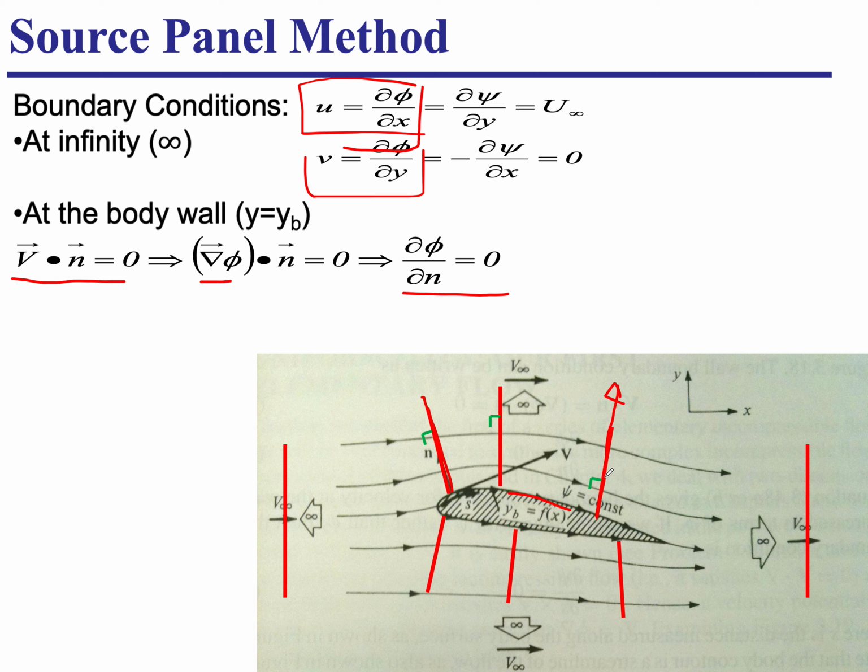So this is a constant velocity potential line. These red lines are all constant velocity potential lines.